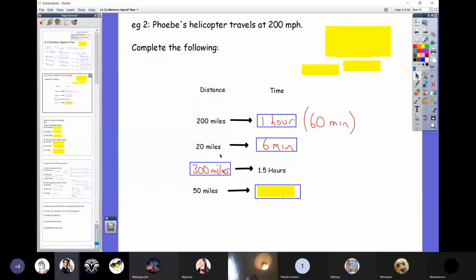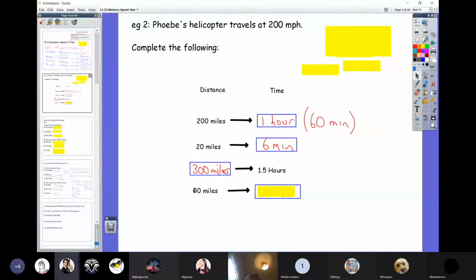If you've got a fact, you've just got to multiply or divide to figure out what you want to know. So let's say we were trying to work out how long it would take Phoebe to go 50 miles. I think I would go back to the starting fact. 50 miles is a quarter of 200 miles. So provided she's traveling at a constant speed, if it's a quarter of the miles, it will take a quarter of the time. A quarter of 1 hour is 15 minutes.